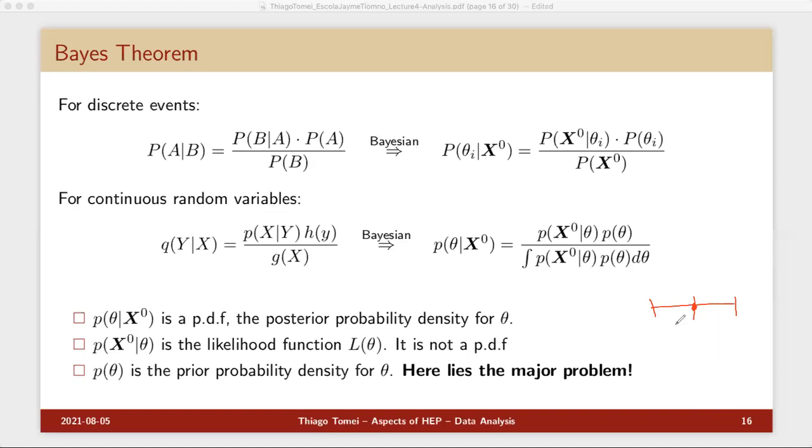You really mean that I believe that there is a 68%, 1 sigma, 68% chance of the true mass of the electron lying in this range. You are familiar with this, but you are not usually used to thinking about it in terms of the probability of the parameters of the model.